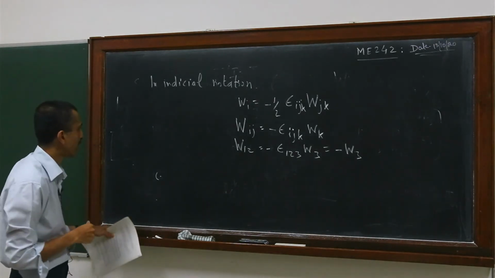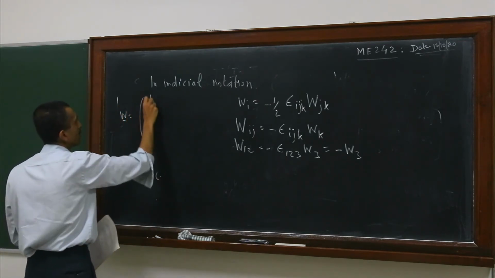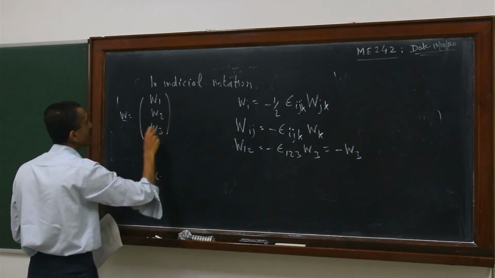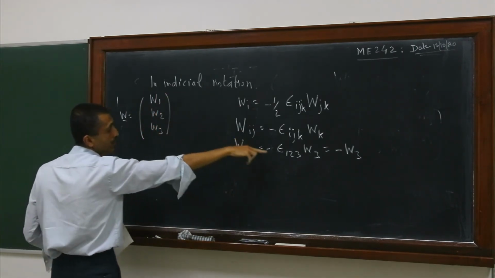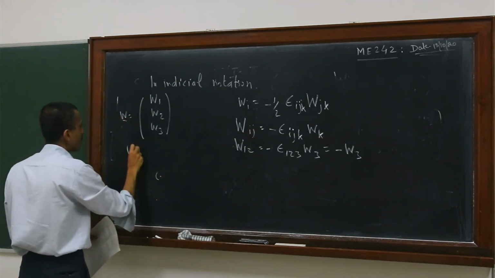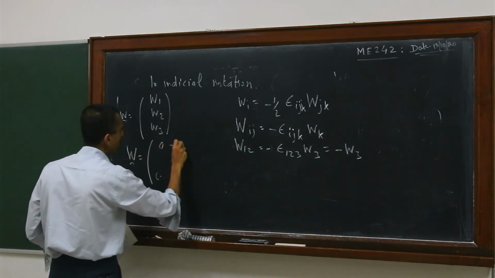So let me just write out. Suppose you give me a vector w, which is W1, W2, W3. Then using this particular relation, this Wij is equal to this, I can construct my capital W, which looks like: 0, minus W3, and so on.